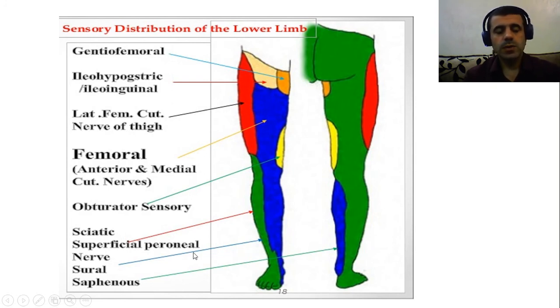So these are the branches of the sciatic nerve, including the superficial peroneal nerve, the sural nerve in this area, and this is the saphenous nerve, which is the cutaneous branch of the femoral nerve.